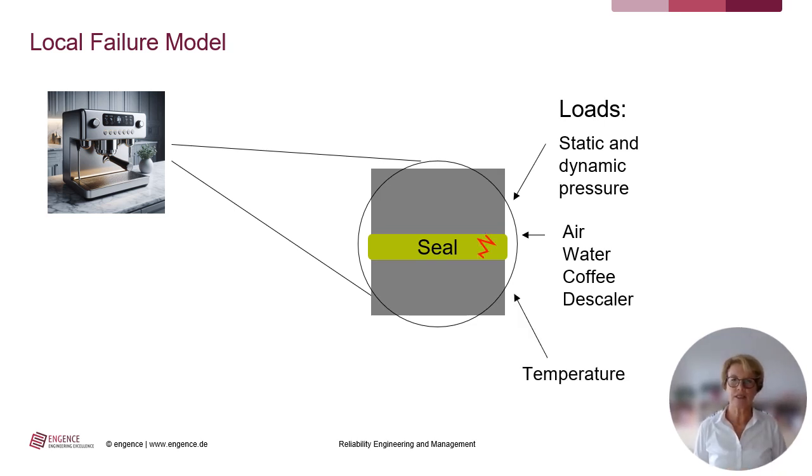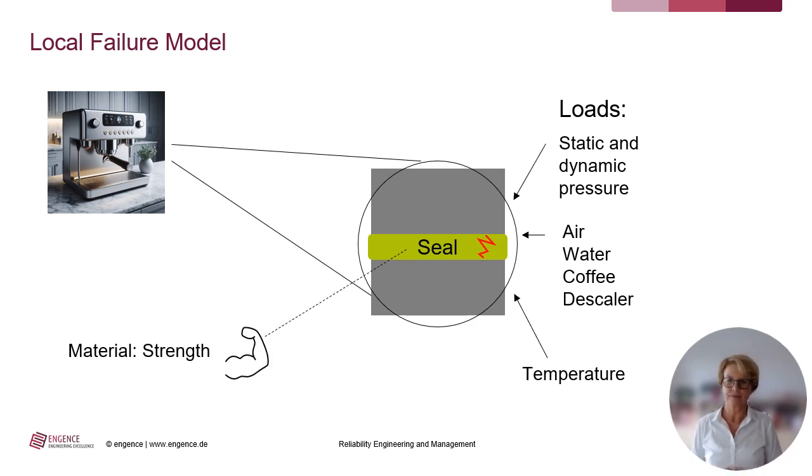Chemical reactions are usually accelerated by higher temperatures. These additional loads stress the seal additionally and can ultimately cause a crack. The sealing material has a certain resistance to stress caused by the loads, but only up to a certain limit.